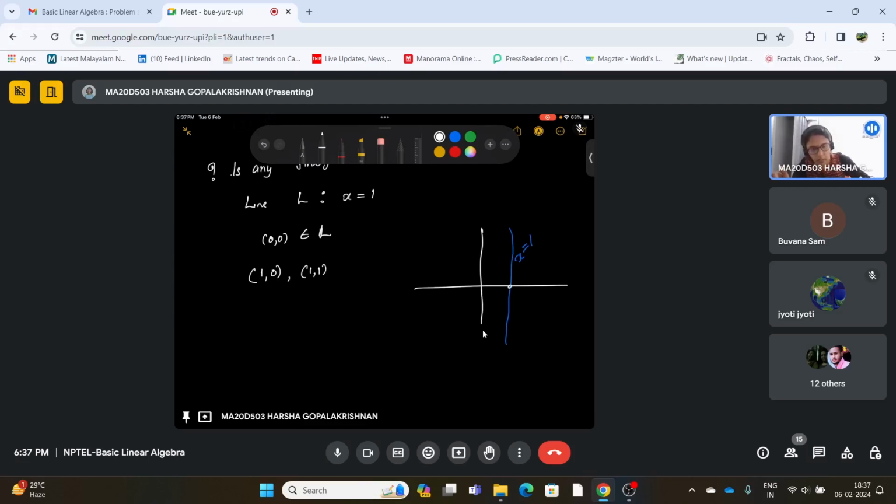These two points belong to the line L. But if I add these two, (1, 0) plus (1, 1), a linear combination, that is (2, 1), which does not belong to L. So L is not a vector space. That is the reason only straight lines through the origin are vector spaces.